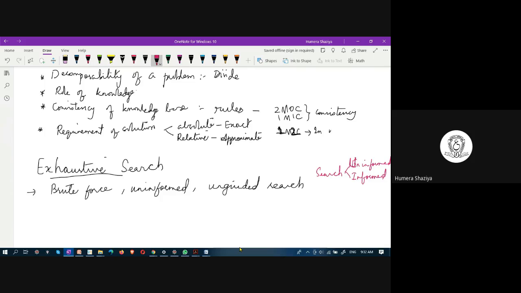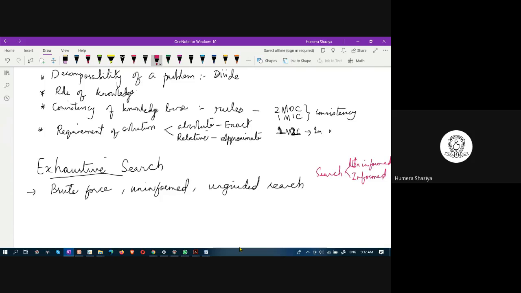And it apparently eliminates the exploration of all the states that would arise from a present state. Therefore, this is known as non-exhaustive search.